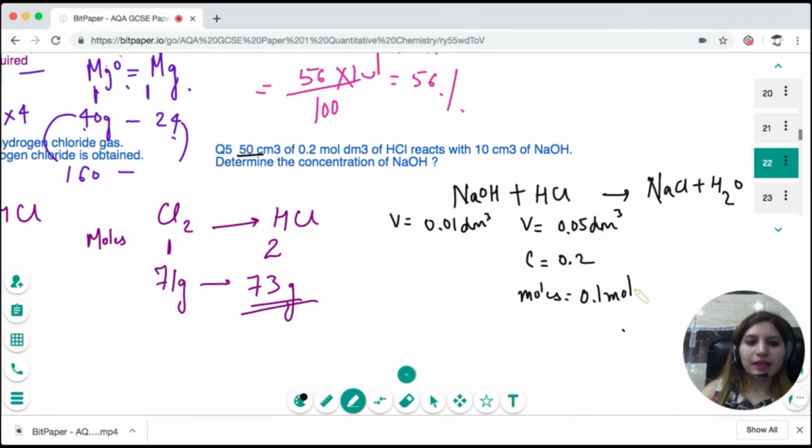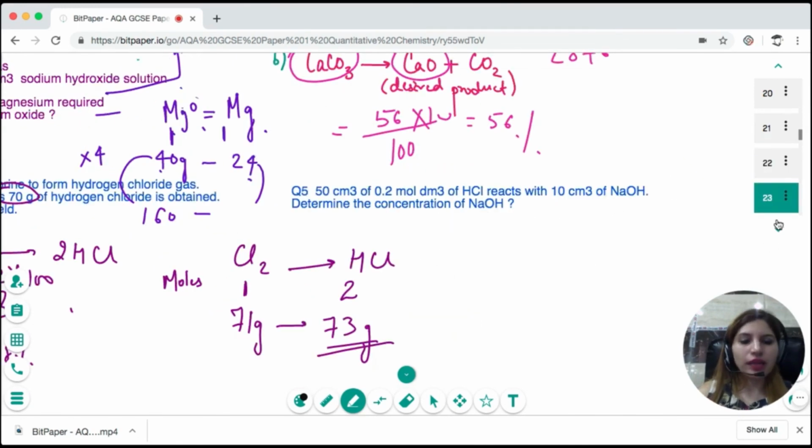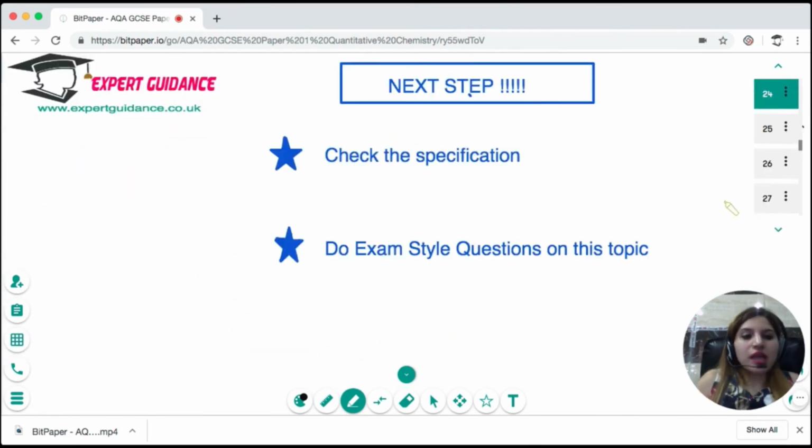And if you see the balanced chemical equation, the moles of HCl and NaOH are the same. So the moles of this as well is 0.01. So we got the moles, we got the volume. Concentration is moles divided by volume. Okay, so I hope all these topics are clear to you.